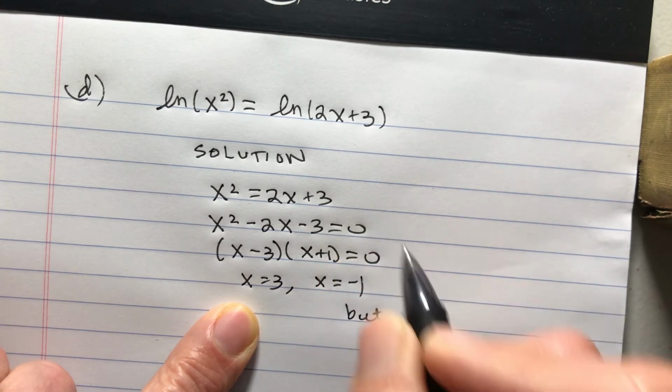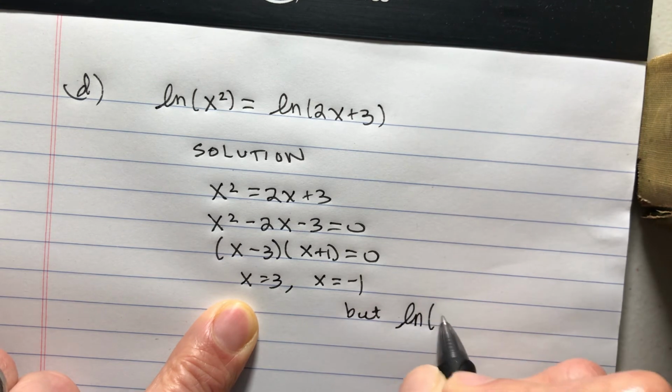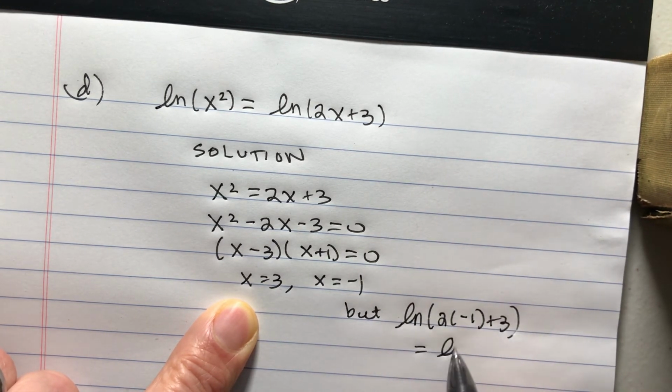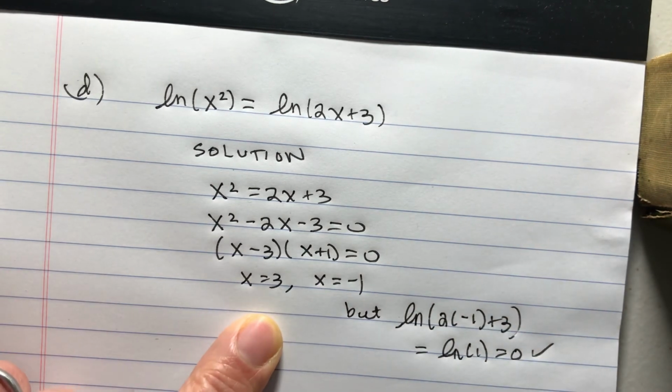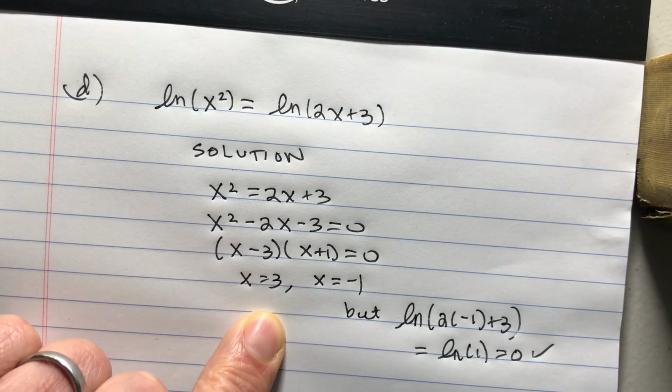But if you look at the right-hand side of this equation, ln of 2 times -1 plus 3, oh, actually, maybe this will work. That's good. I had to check it. So there's no problem.